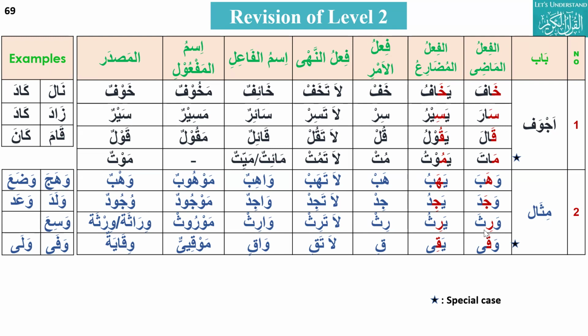What is the meaning of Warisa? He inherited. Can you please explain Bab Misal completely? Three patterns. Misal means similar, not central, because they all start with the same letter, and that is waw. There are three cases.